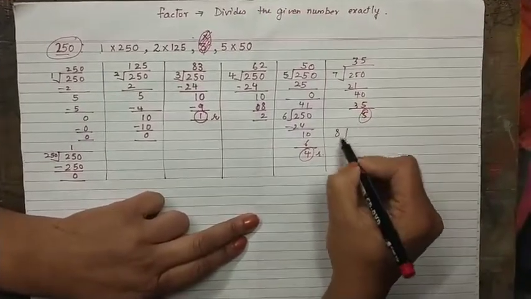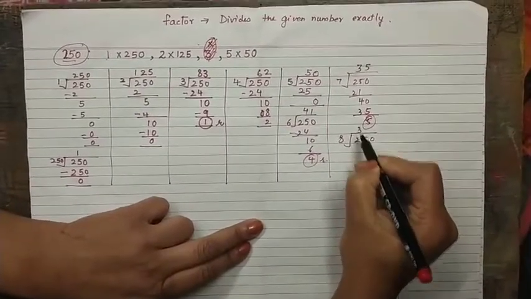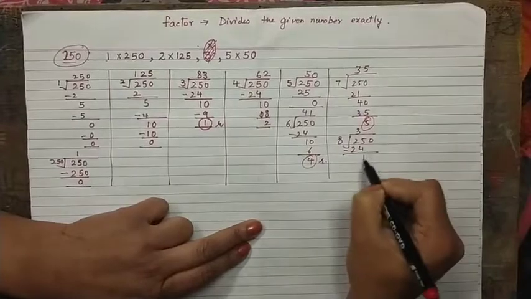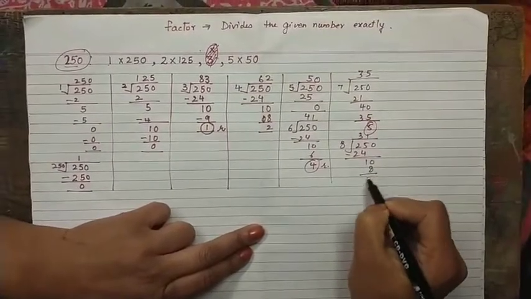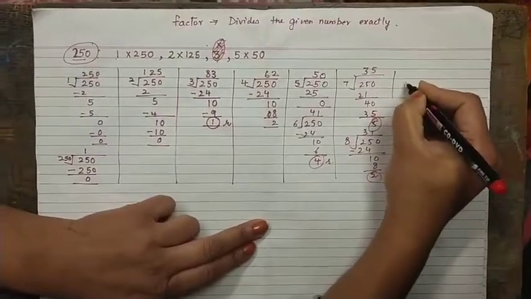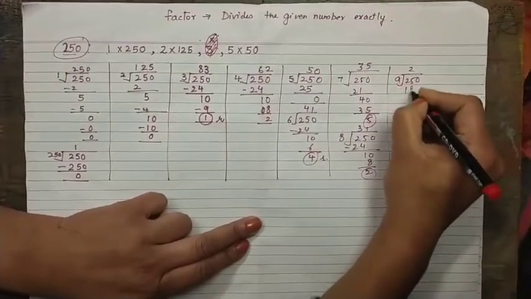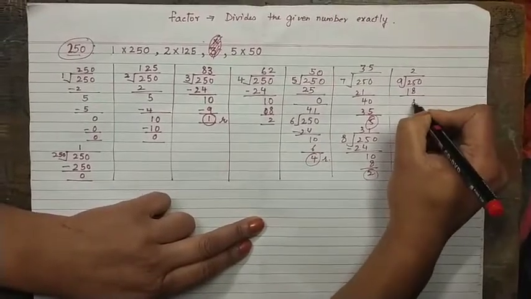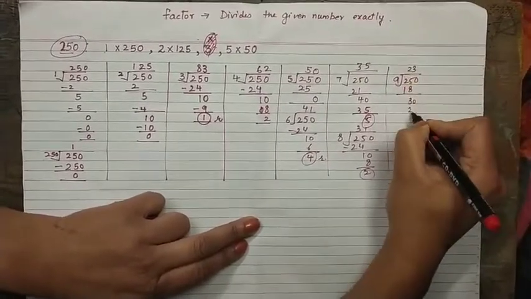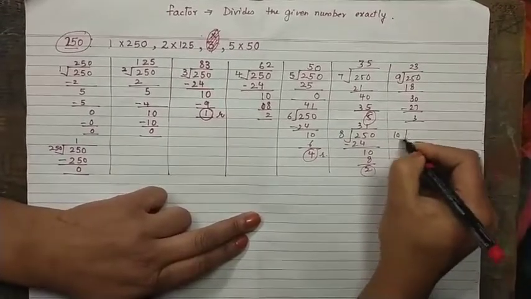Now we'll do it with 8. 8 3s are 24. 10. 8 1s are 8. 2 is the remainder. 8 is also not a factor. Similarly 9. 250. 9 2s are 18 and this is 30. 9 3s are 27 and 3 is the remainder. Let us check with 10.